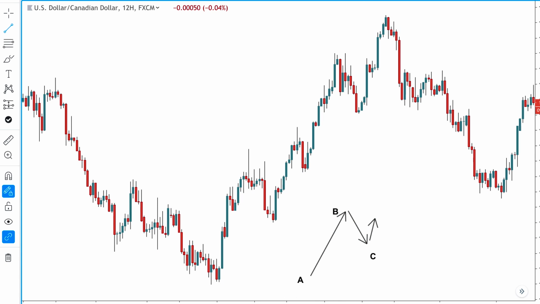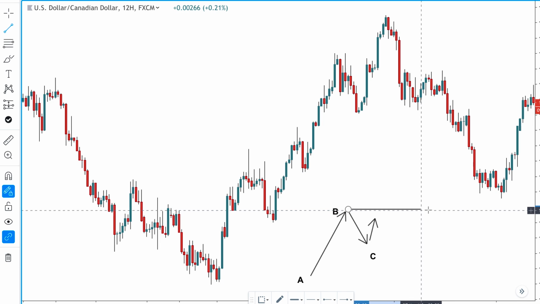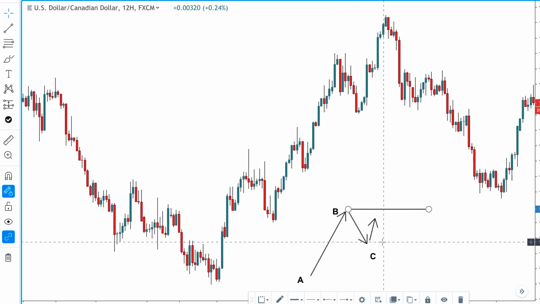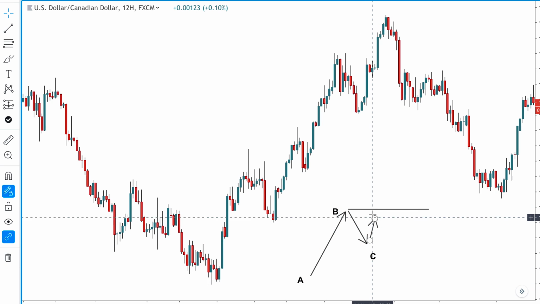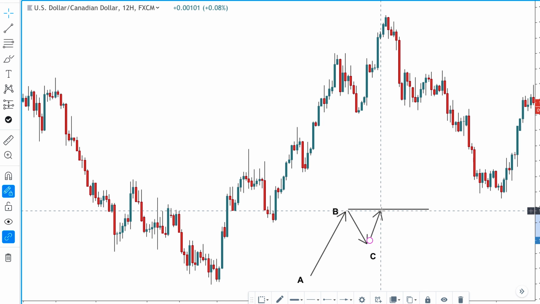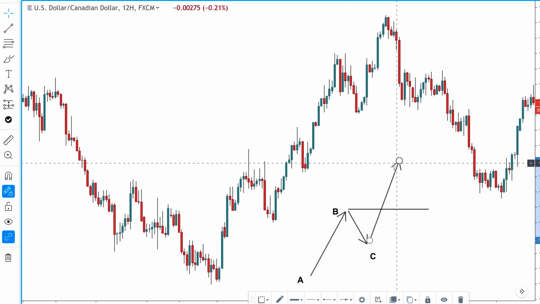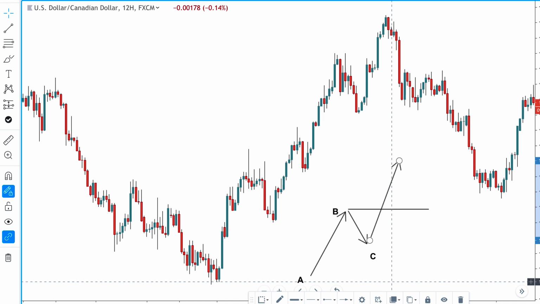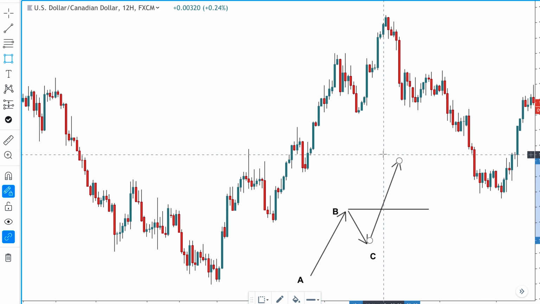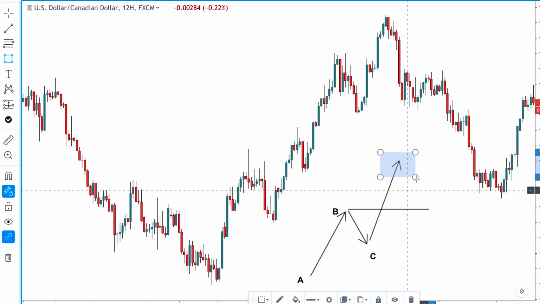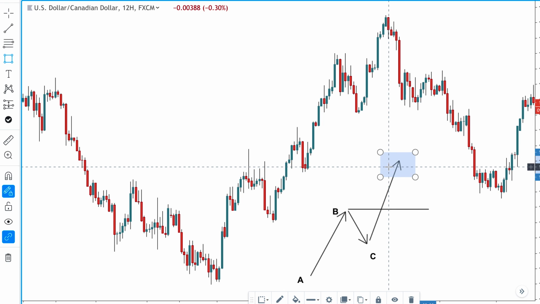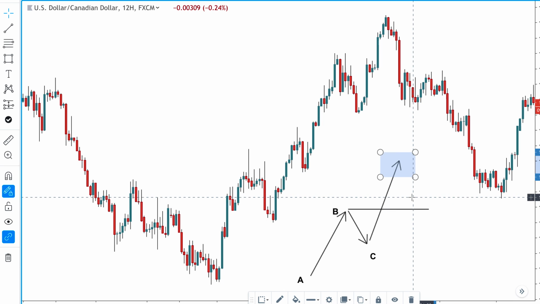Then we can use our Fibonacci tool to trade into the direction of the trend, because when the C point is confirmed, the market will often break above this previous B point and continue into the direction of the trend. And then we will use our Fibonacci extension tool to find where the D point is likely going to end, and we can use it to find trade targets.